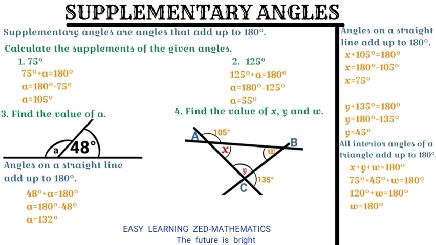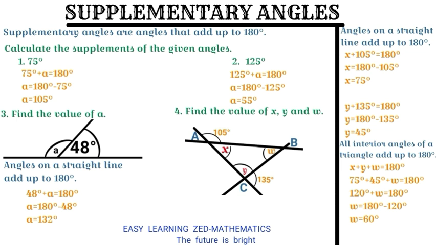So w is equal to 180 minus 120, which is going to be 60 degrees.